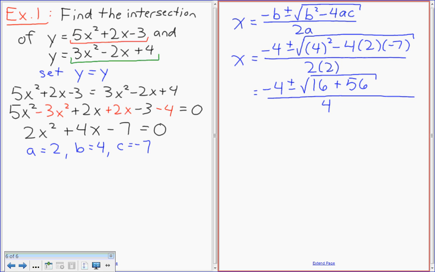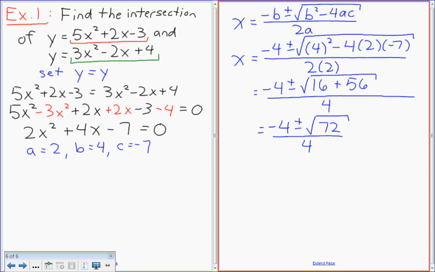Juliana, can you please tell me what 16 plus 56 is? 72? I think that's right, 72. I think so. All right, I'm going to go to the next slide here.